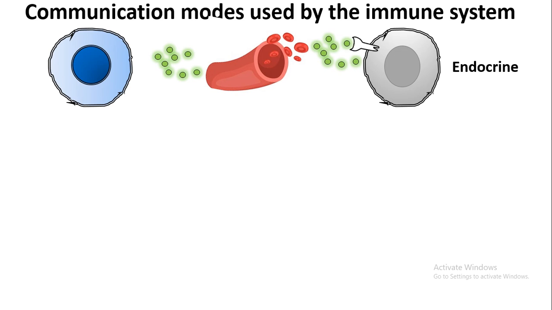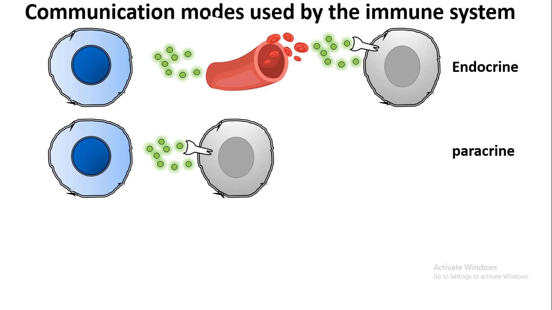Communication modes used by a normal cell could be endocrine, where the cell secretes a messenger molecule, here depicted in green, which flows through the bloodstream and reaches its distant target cell.